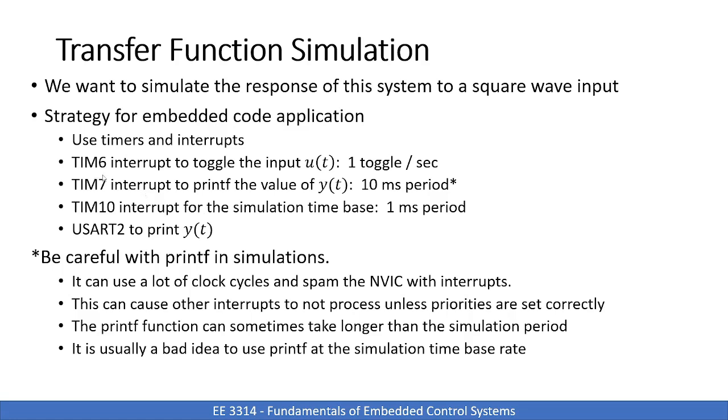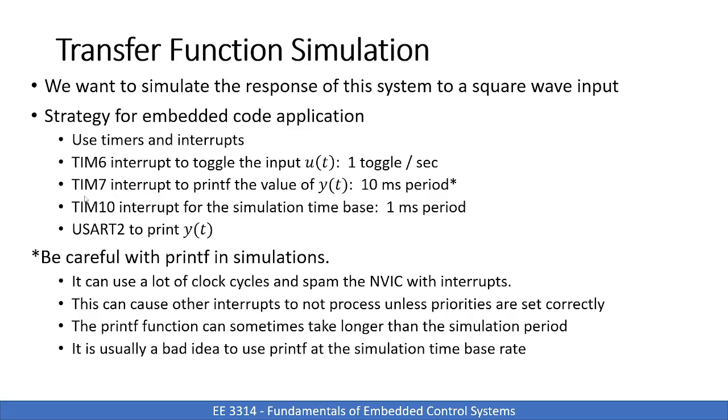In this case, we'll use basic timer 6 just to create an input signal. You could have a signal coming from the outside world, from a function generator, but in this case we're just going to use a slow timer to create a toggling input, about 1 toggle per second, like flipping a switch on and then off every second or so. So we know how to do that.